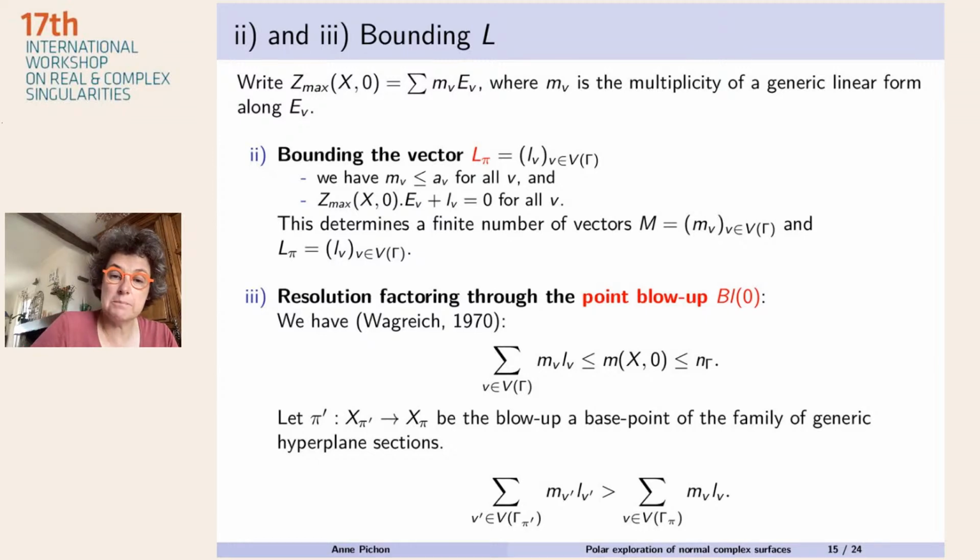And since it is bounded by n gamma, it means that after a finite amount of point blow-ups that you control by n gamma, you will resolve the base point of this family. Okay, so this proves that you indeed have a finite amount for gamma pi, L pi, for gamma pi factorizing through the point blow-up.